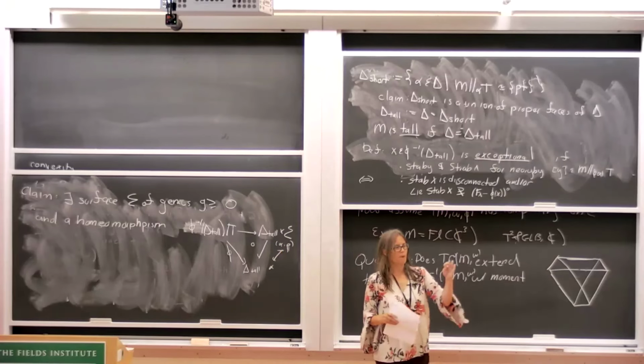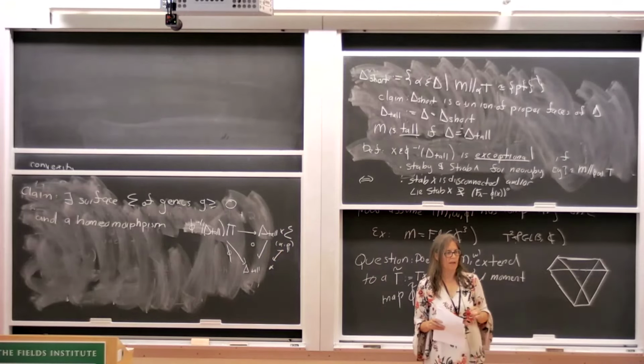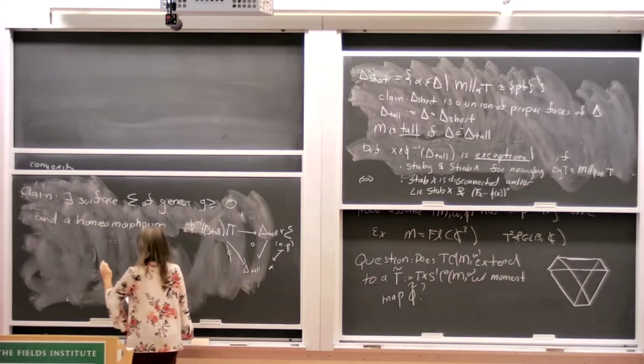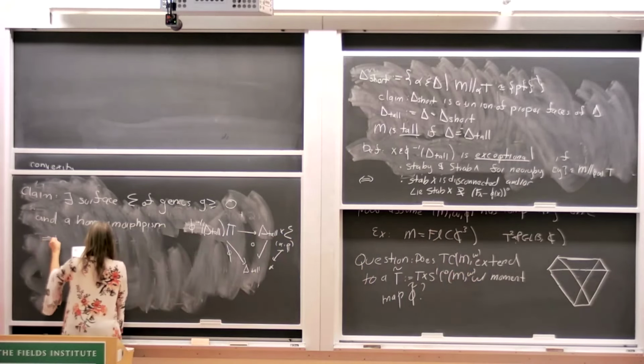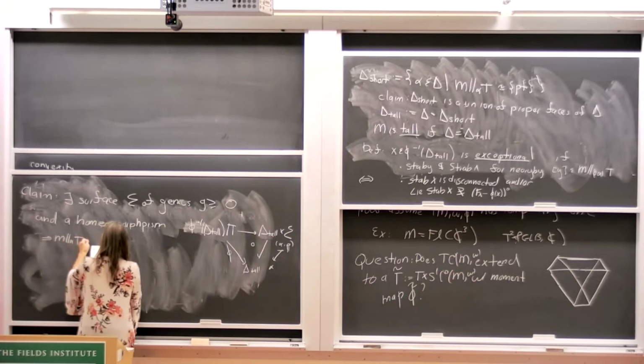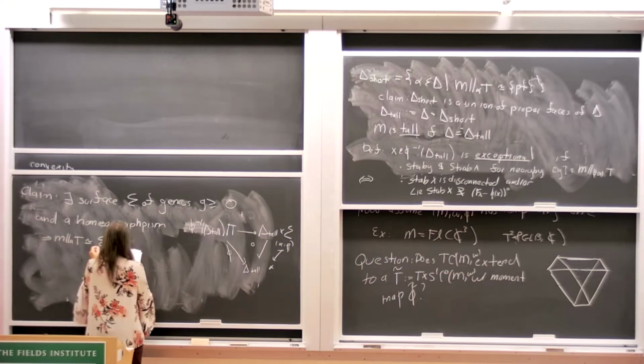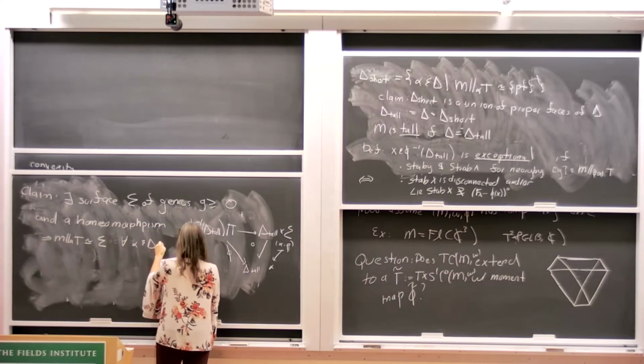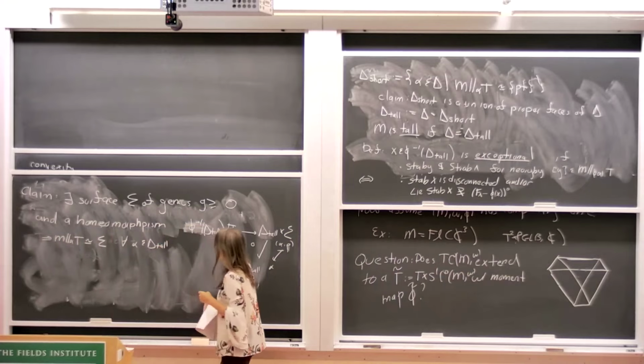So it preserves the moment map. The first coordinate is just the moment map. And in particular, this implies that the reduced space is homeomorphic to sigma for all alpha and delta tau.